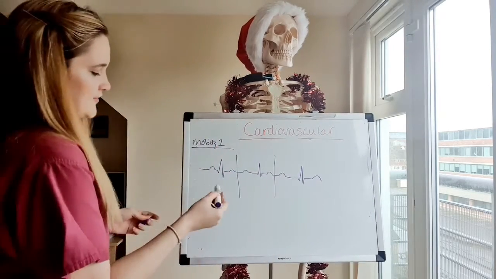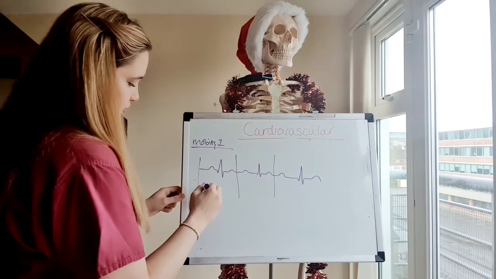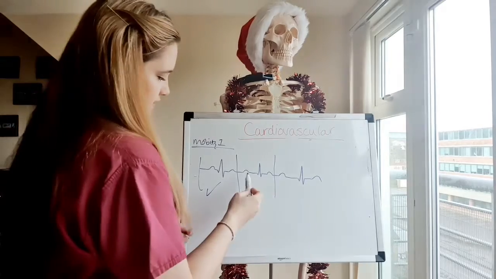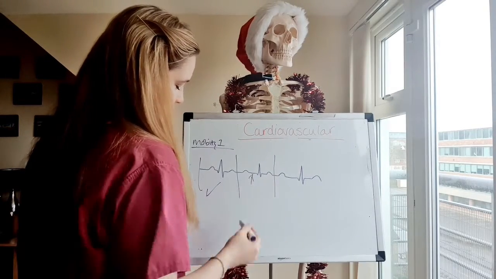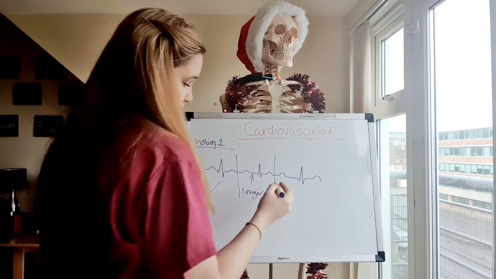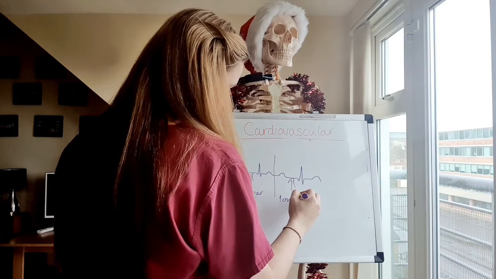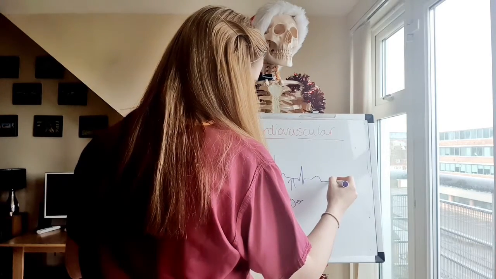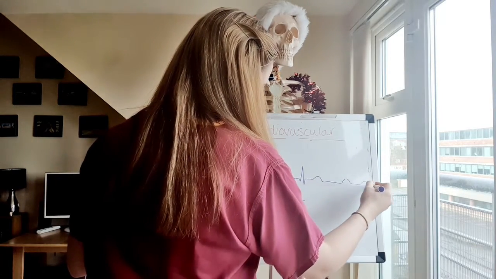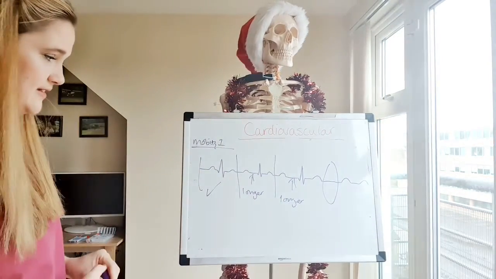So you first look at it, actually that's nice and normal, so that's good. But then when you look at the second one, this pause is a lot longer. And then this one's even longer than that. And then sometimes you'll get just a QRS drop, so you won't actually have a ventricular contraction there.